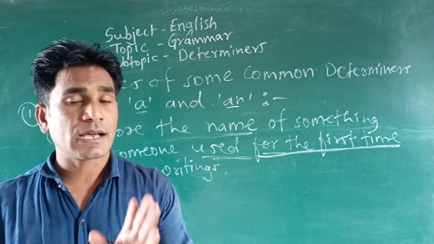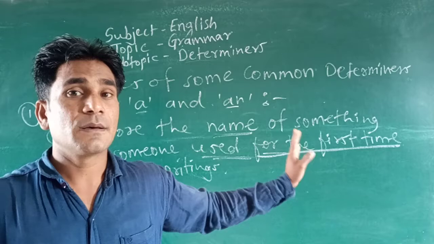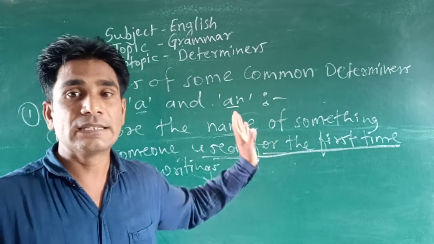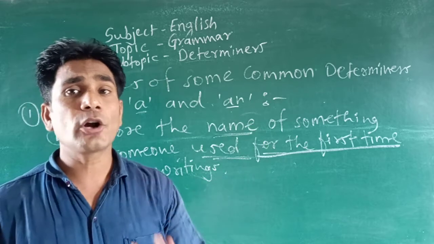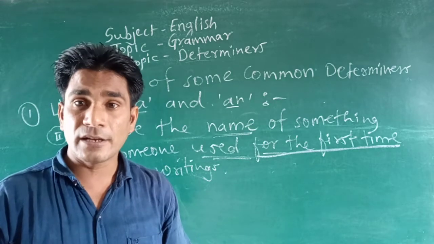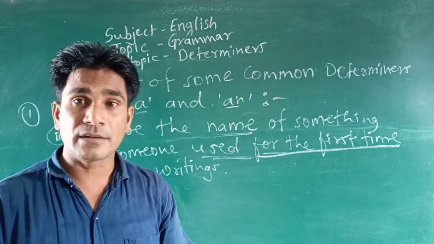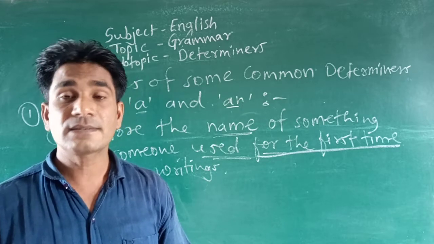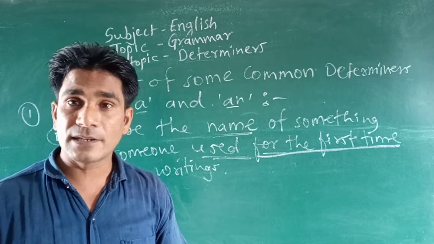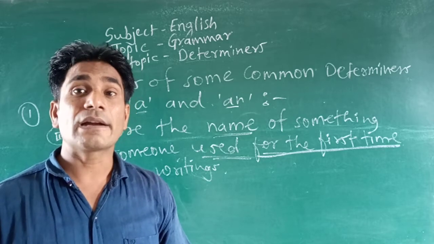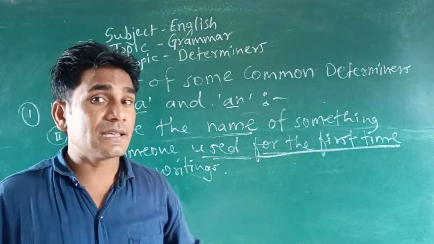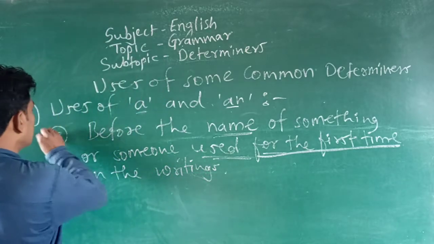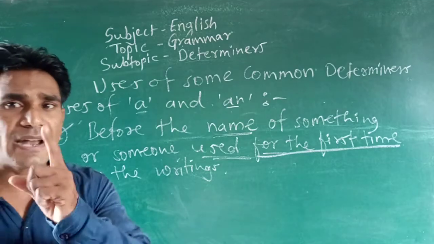And dear guys, I would like to tell you that this matters a lot in story writing, descriptive paragraph writing, analytical paragraph writing, letter writing. In the writing skill, the second use of a or an matters a lot.